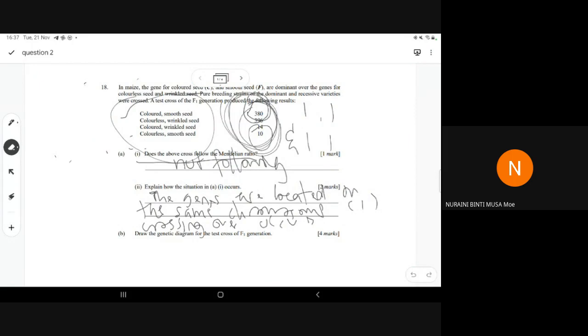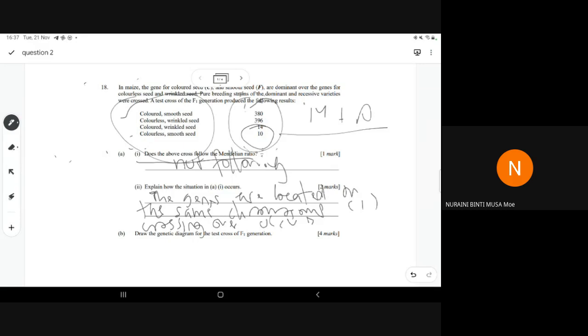Formula dia simple. Okay, formula dia simple. You just take the number of recombinant, 14 dengan 10 ni, 14 tambah 10 bahagi dengan total of everything. 14 plus 10 bahagi total semua. And that is your distance.